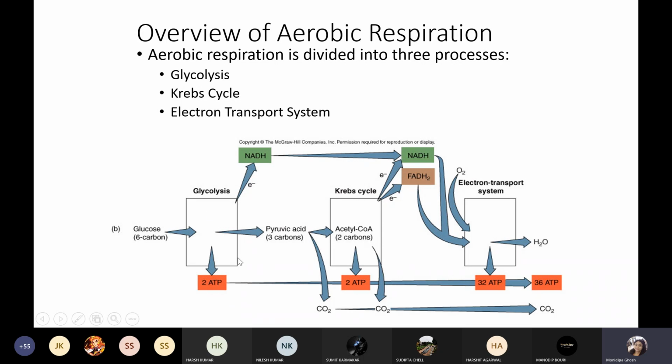It is the first step and it happens in the cytoplasm, and from a 6-carbon glucose, after glycolysis, electrons are produced, 2 molecules of ATP are produced and 3-carbon pyruvic acid is produced as the byproduct. This pyruvic acid is taken to the next cycle, called the TCA cycle or the Krebs cycle. This Krebs cycle happens in the mitochondria.